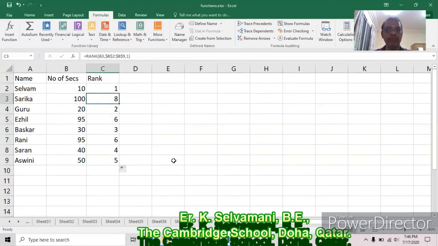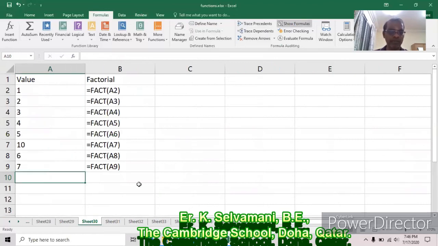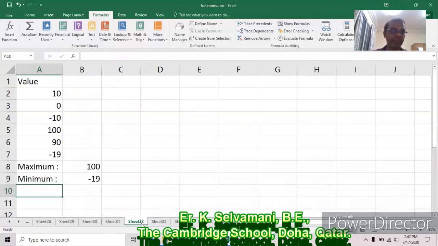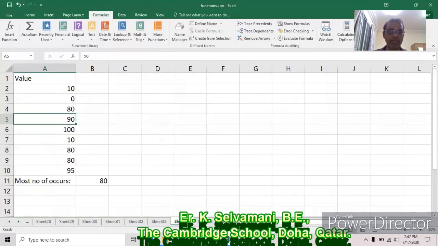This is the usage of rank. Today I stop here itself. In this lesson we studied factorial. It is very simple: equal to fact of A2, that's all. Lower, upper, proper, that's also very simple. Min, max, and then MOD, remainder. MODE gives the most number of occurrences.